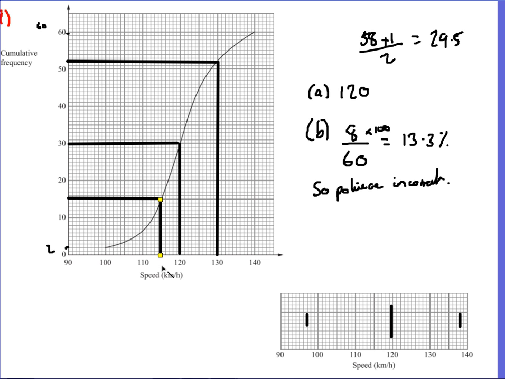So your lower quartile comes in at 116. Once you've got your 116, you then go to the upper quartile, which is 45, and go across again and come down. And again, your lines will be straighter than mine. That's coming in at 125.